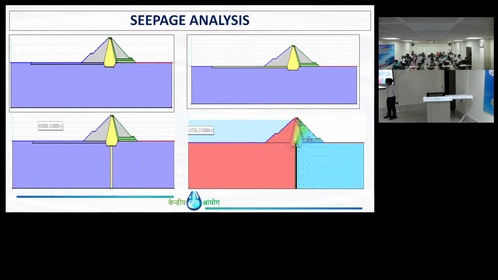Then you have to check based on the value of the water and the quantity of seepage, and extend the blanket. If the seepage is still more, completely cut off using a 1 meter thick diaphragm wall.